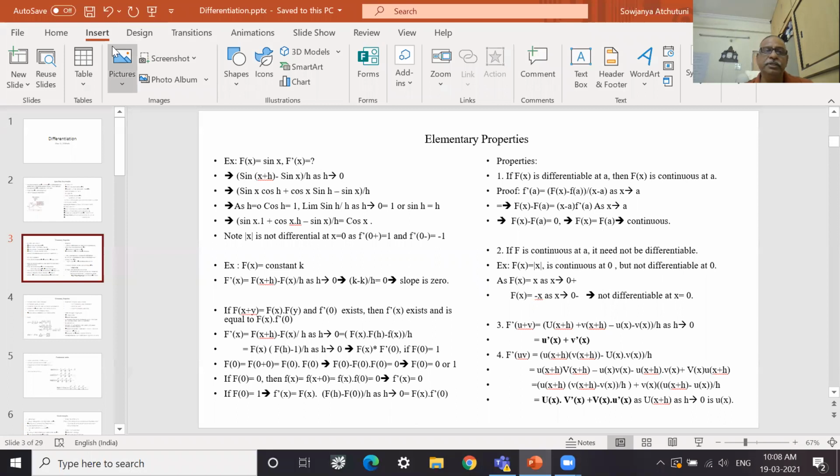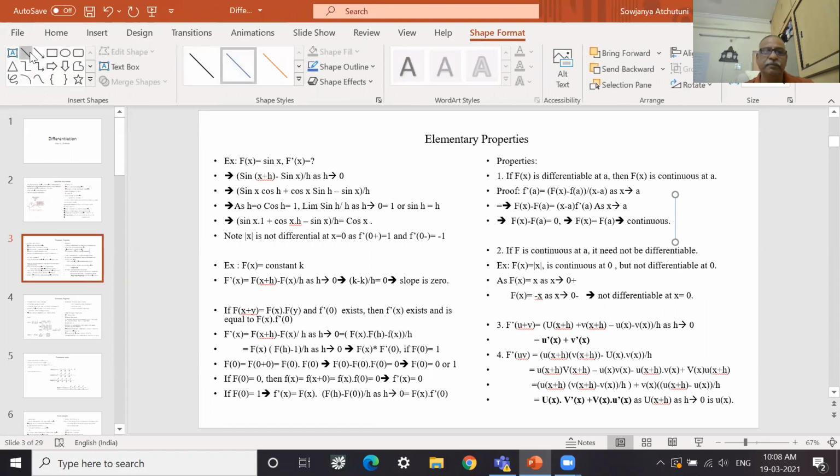If you see the graph of mod x, I'm just drawing here. This is the x-axis and this is the y-axis. What is mod x? Irrespective of x being negative or positive, y is positive.